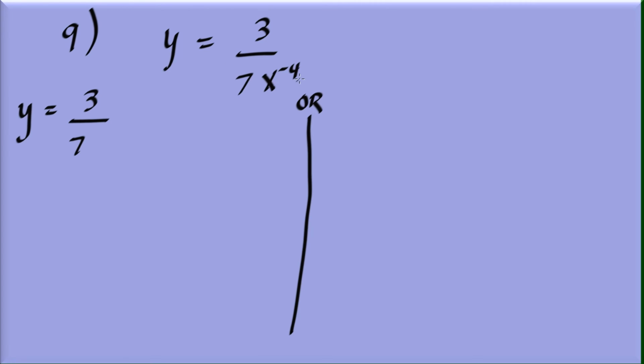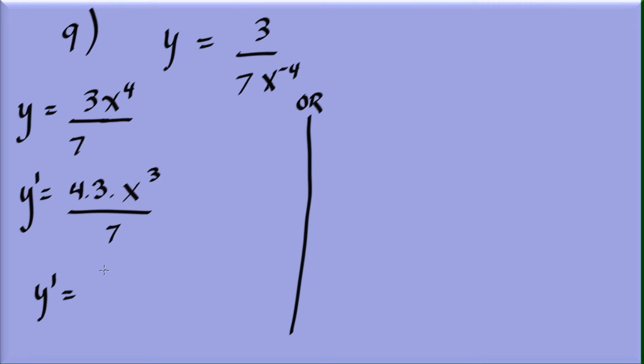If I move this x to the negative 4 on top, the negative 4 becomes positive. Now, your variable x is now a numerator, so we can just use the power rule, okay? So that means 4 times 3, and then x to the third. 4 minus 1 is 3 over 7. So your y prime will be what? 12x cubed over 7.